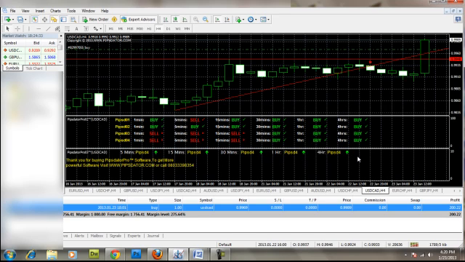The market must buy if it gives this kind of signal that you are seeing in this video. And if all these arrows on Pipsdator 3 are pointing downward, it means the market must definitely sell.